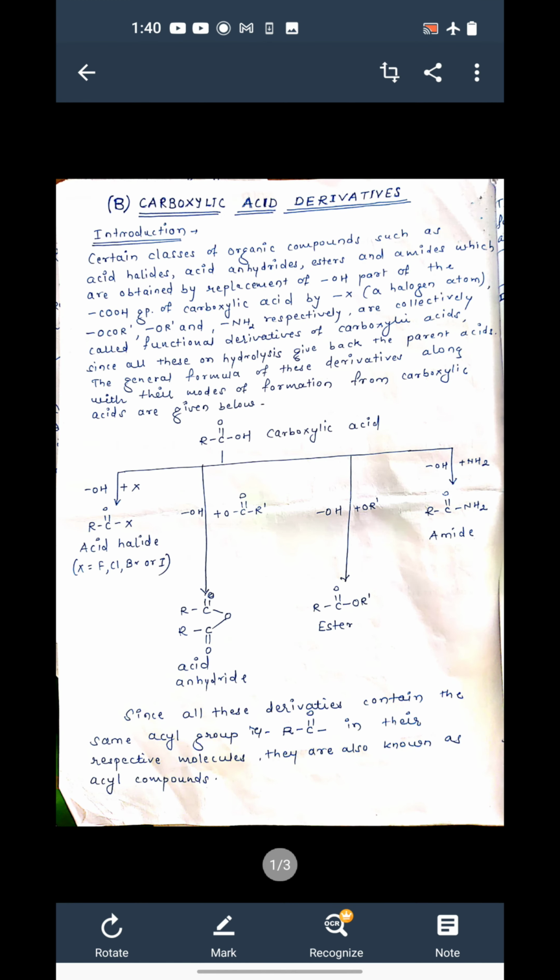In the second case, we add OCOR instead of OH and we get the compound called an acid anhydride. When we replace OH by OR, we get an ester. And when we substitute OH by NH2, we get an amide. So acid chloride, acid anhydride, ester, and amide are all derivatives of carboxylic acid.